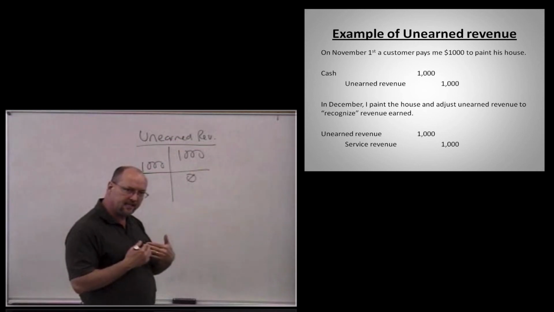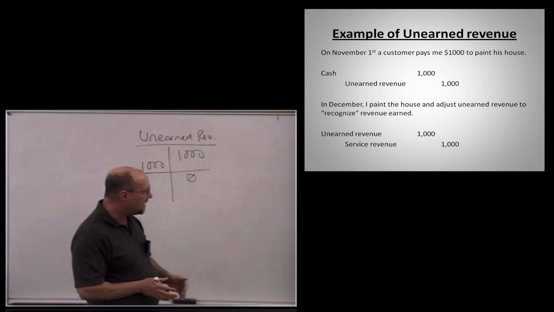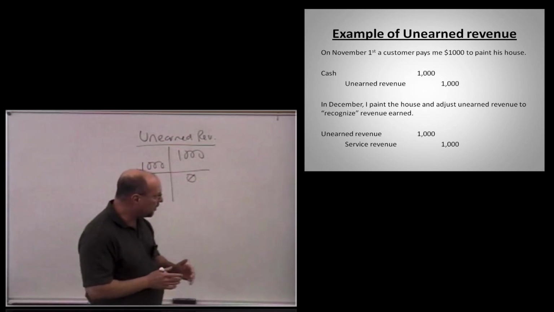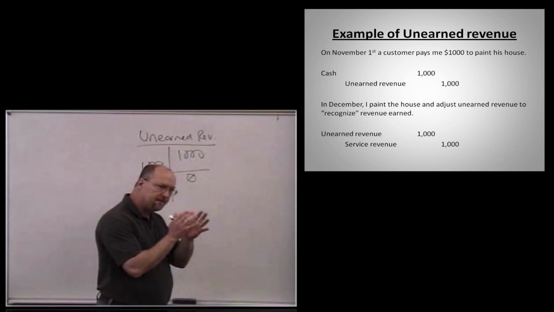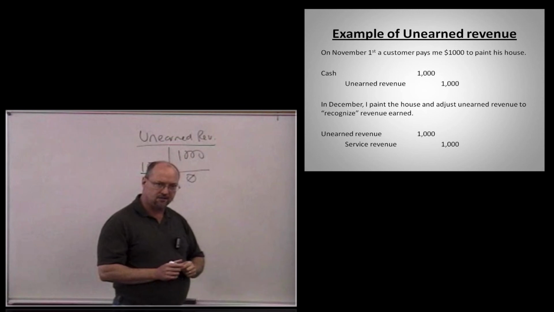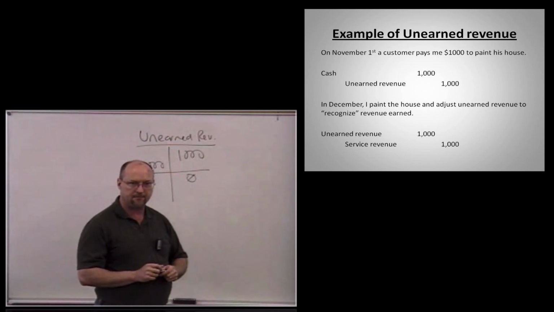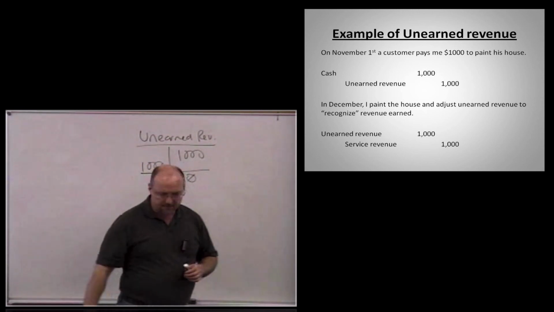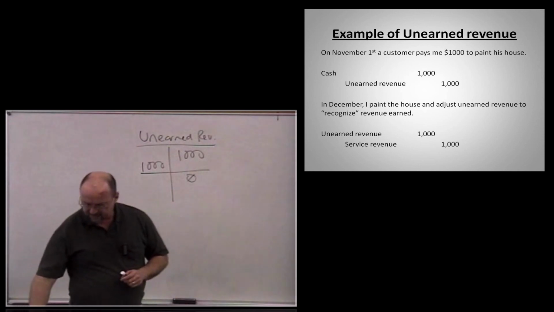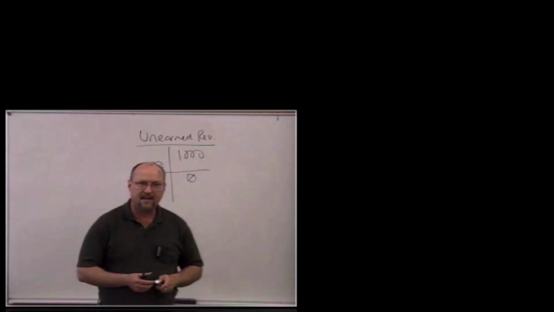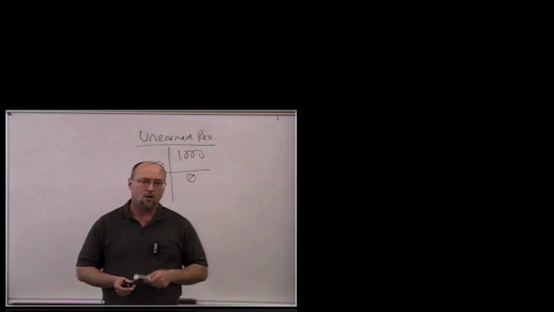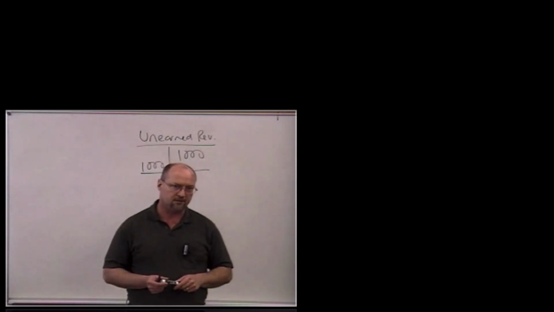That money's mine. I did the work to their satisfaction, and by adjusting unearned revenue to recognize revenue earned, we now have transferred the money into the revenue account on the income statement. Okay? And so unearned revenue is most commonly a current liability. Okay, and that's it for the current liability section. We'll look at non-current liabilities in our next lecture.